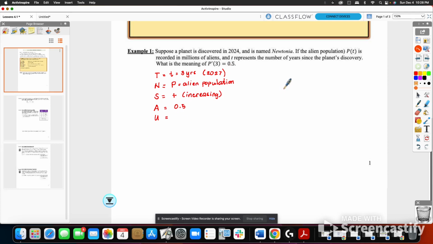So the units is the units of P, which is your dependent variable, which is millions of aliens. And the unit of T is years.